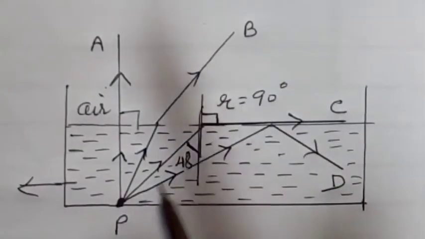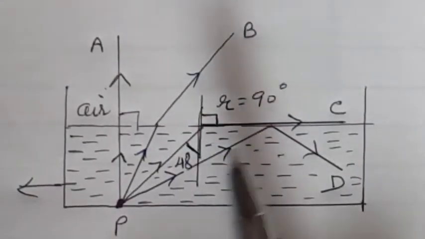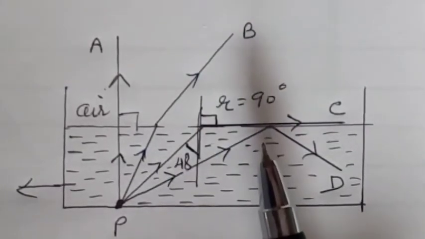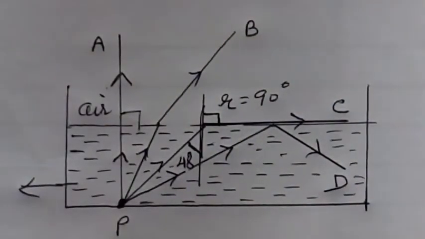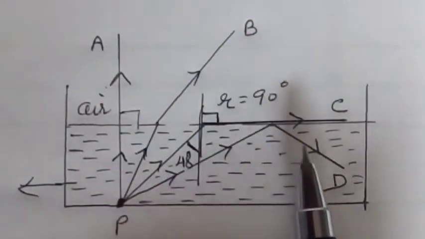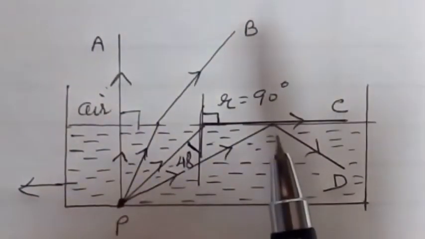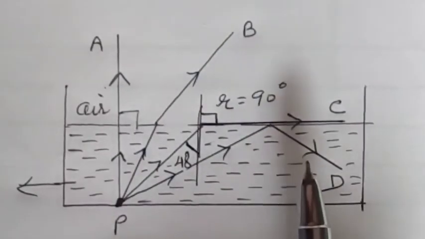For ray D, in this case the angle of incidence becomes more than 48. That means more than the critical angle. And if the angle of incidence is more than the critical angle, the ray will be totally internally reflected. It will not cross into air, rather it will get reflected back into water. So total internal reflection of light.